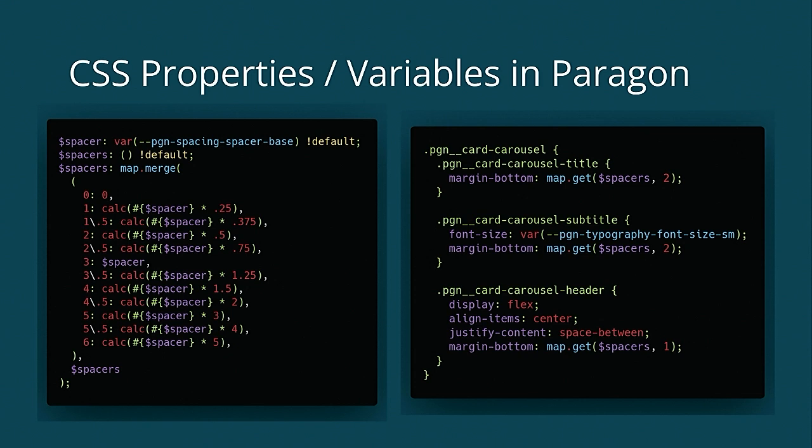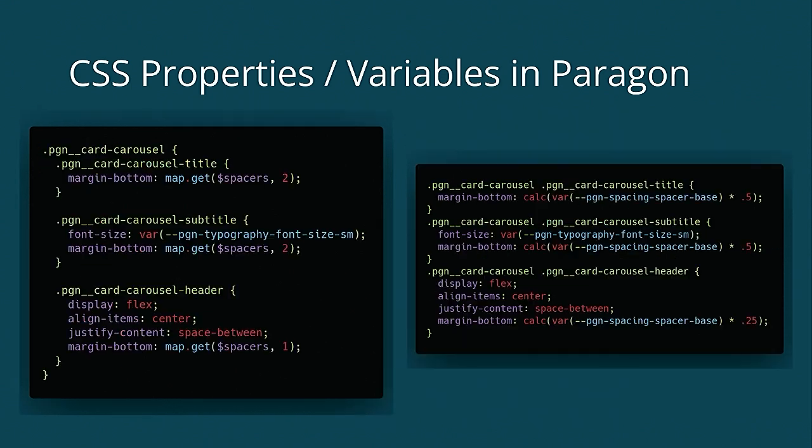The code on the right has not changed much. Instead of using an SCSS variable for the font size, we are now using a CSS variable, which again means it will resolve at runtime instead of build time. When you look at the final end result of this code, you'll notice there's a lot of difference here. It's using the base value of the spacing to calculate at runtime the relevant values to use.